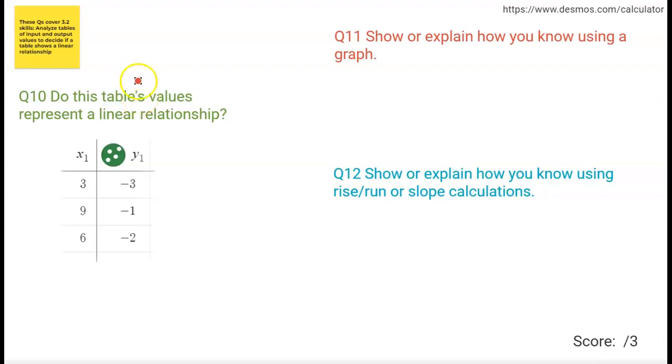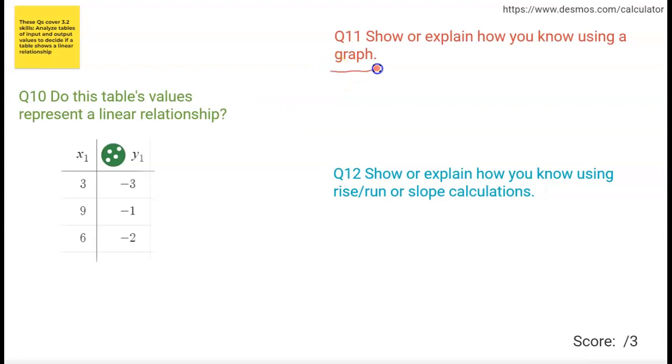On the next two slides, you're given a table of input values, x's, and output values, y's, and you're asked to determine if this is a linear relationship or not. And there are a couple different ways to do that.